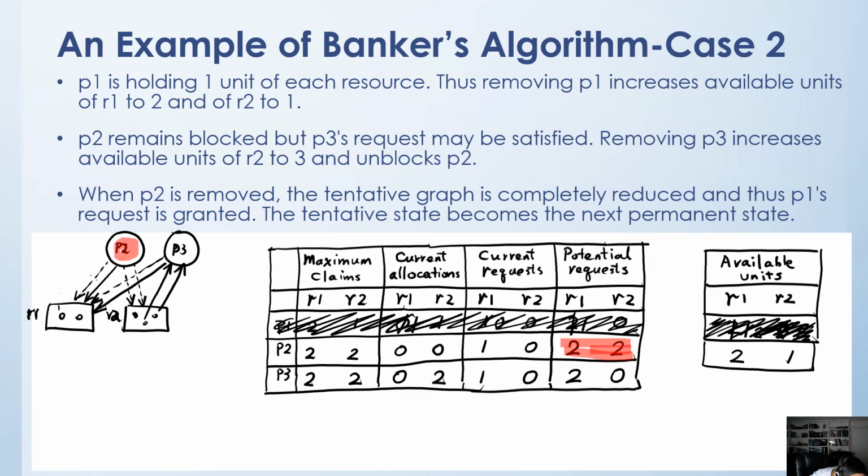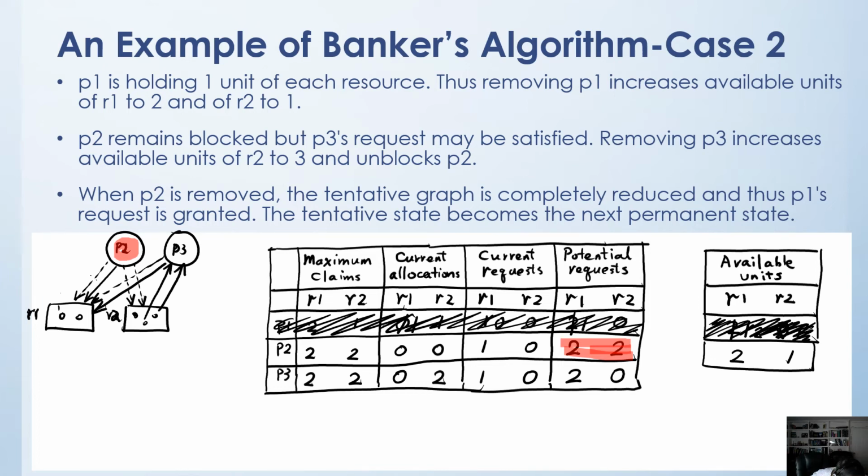Okay. Now what about P3? P3 has 2 potential requests for R1 and 0 potential requests for R2. So now we have 2 available units for R1 and 1 available unit for R2. So that's good news, right?